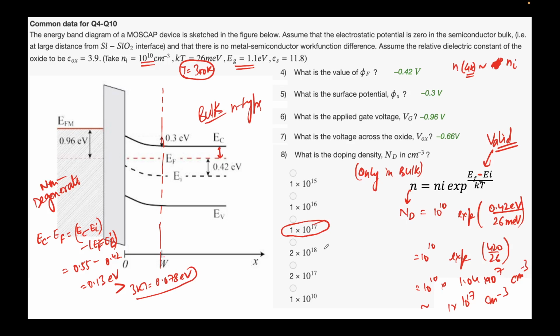This will again be exponential. So this is the exponential increase, and this is the flat line, because intrinsic concentration is still very low. Let's say this is 10 to the power 17. Intrinsic is much lower, so almost all the contribution is coming from your dopants.